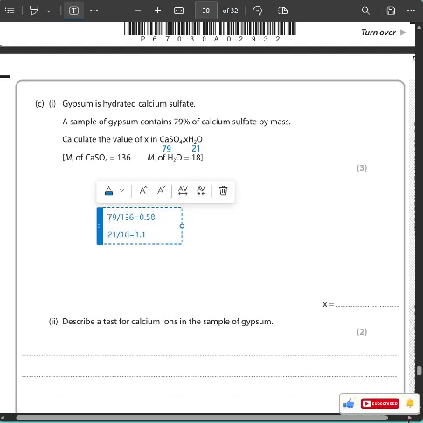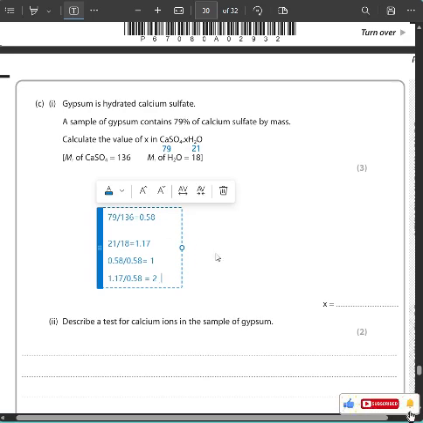Then we will take 0.58 and divide by 0.58, because in the ratio we put it as 1, and we divide 1.17 by 0.58, and it is 2.